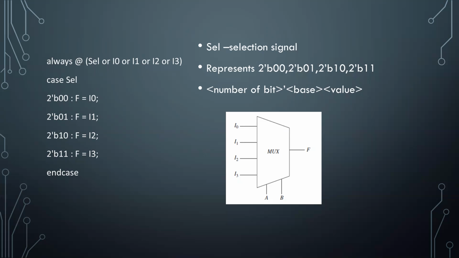The first choice is 2'b00, and the first sequential statement is F is equal to I0. Then the second one is F is equal to I1, then I2 and I3. Then we end the case. This is how we model the mux using a case statement.